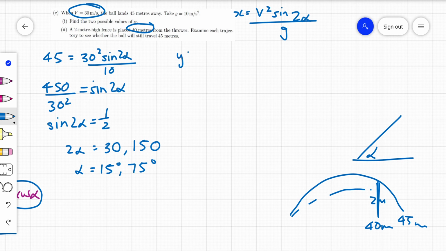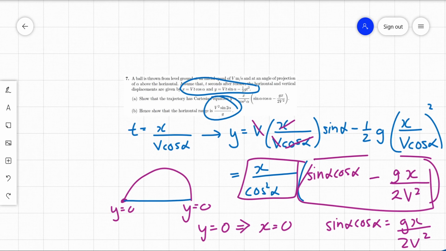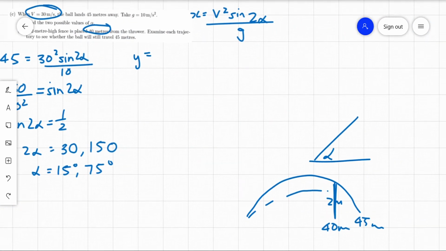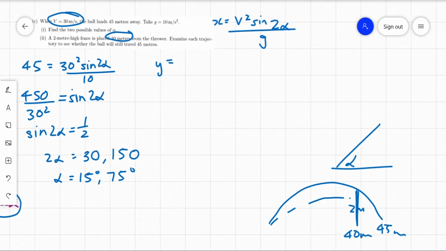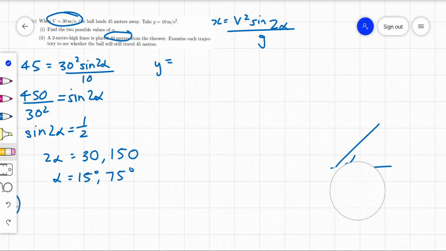If we go back to our y equation, y equals x on cos squared alpha, bracket, sine alpha cos alpha minus gx on 2v squared. Remember that one. So for the first case, alpha equals 15 degrees.